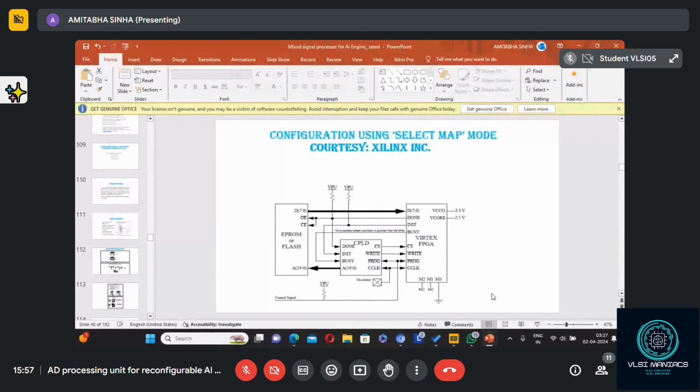Now, only six transistors will not help. Along with that, some resistors and all have to be there, isn't it? If you use CMOS, perhaps resistance will not be required. Straightaway you can connect them. But six transistors will be required. Now, each sample, the analog sample data, if you want to store, how many elements will be required?